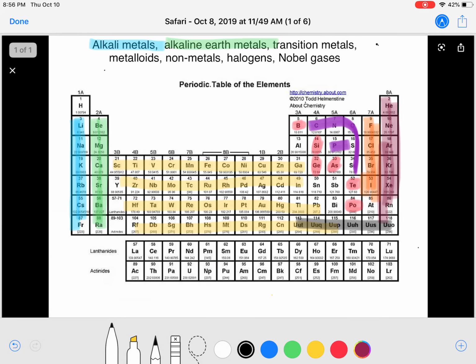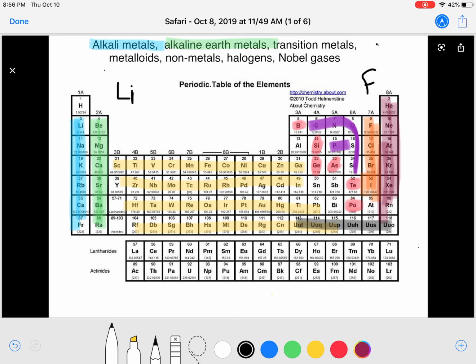Alright, electron affinity. This one has some complicated stuff to it, but the only thing I want you to remember is that electron affinity is an atom's likelihood of gaining an electron. So again, we're going to use lithium and fluorine as our examples.